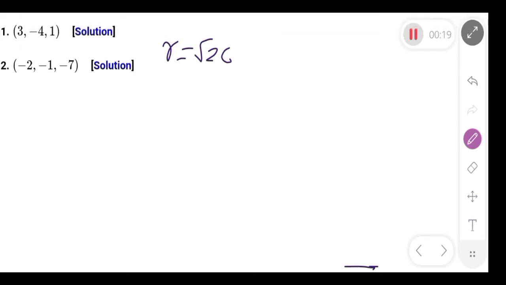Now we have the relation tan phi is equal to y upon x.